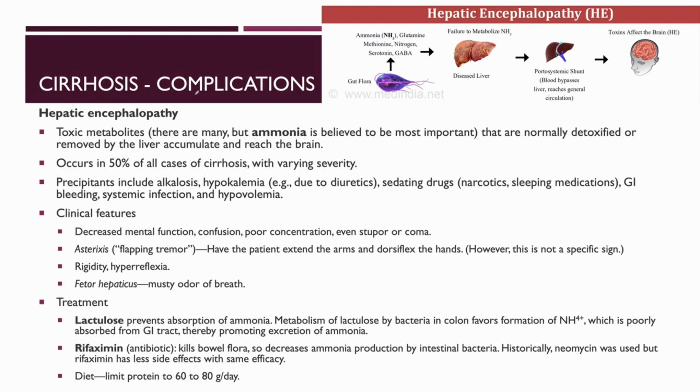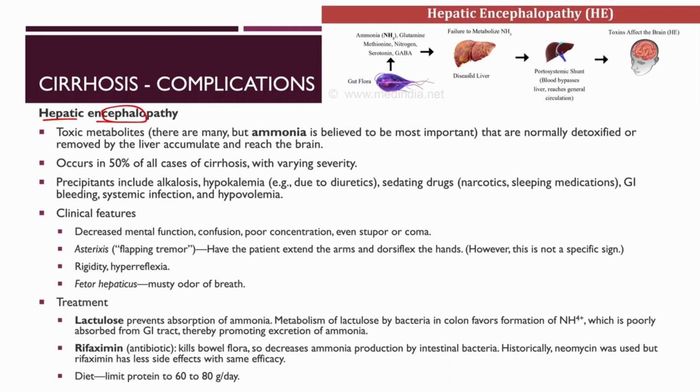Another complication that we're going to talk about with cirrhosis is hepatic encephalopathy. So hepatic, liver, encephalo, we're talking about the brain here, okay? The liver is responsible for metabolizing ammonia, so it gets rid of these toxins within the blood.